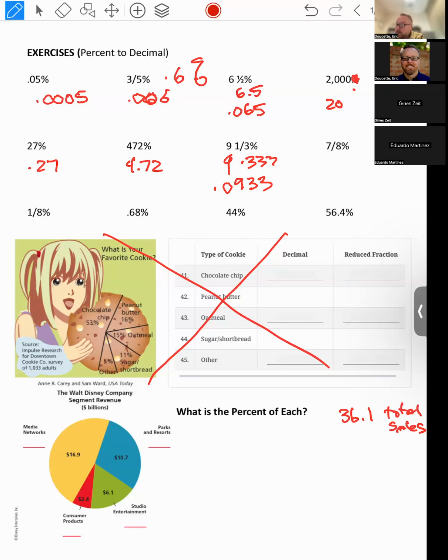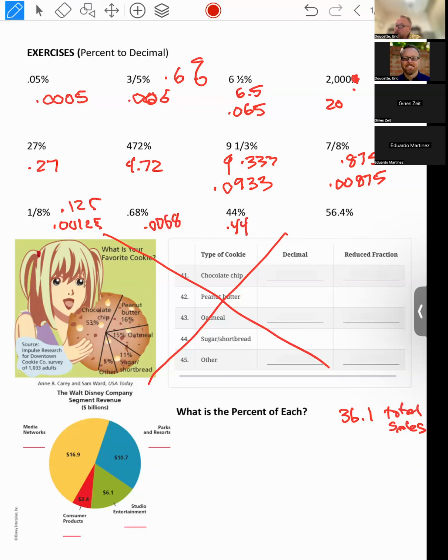So 7/8 is the same thing as 0.875. So that would be the decimal equivalent of 0.0875, because all I did was move the decimal point 2 spaces to the left. 1/8 would be the same as 0.125, or 0.00125 decimal. 0.68 would be 0.0068. 44 would be 0.44.